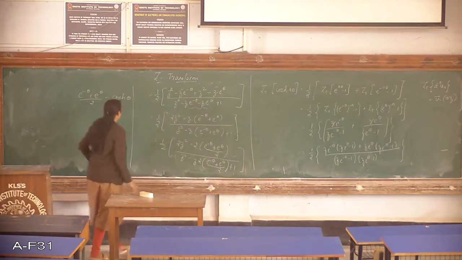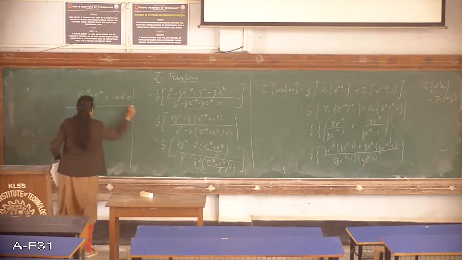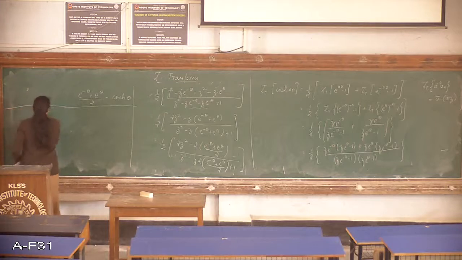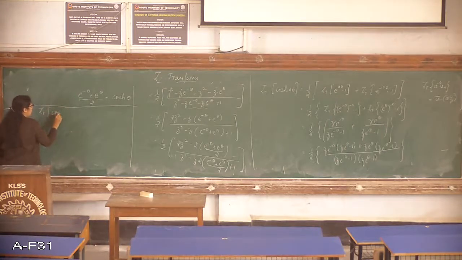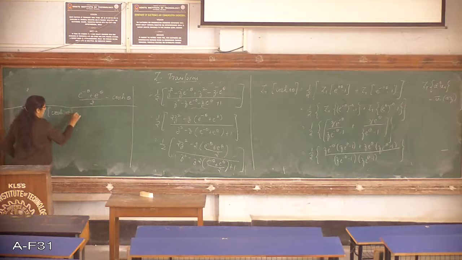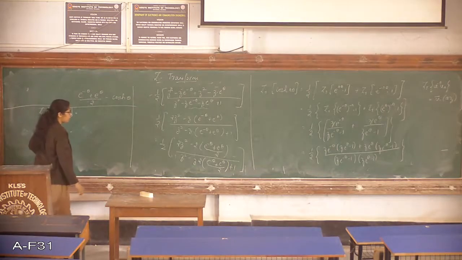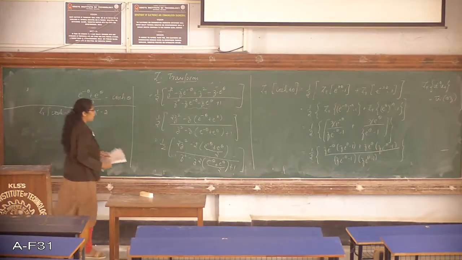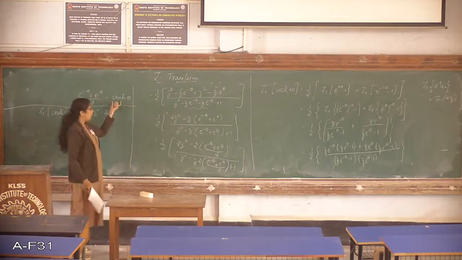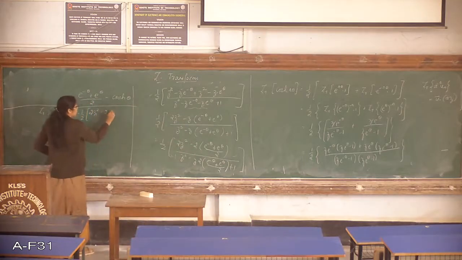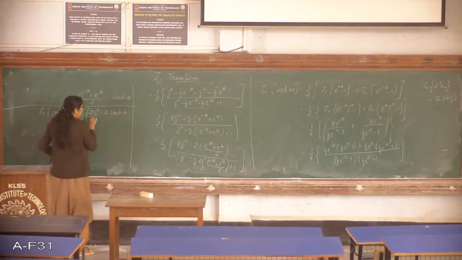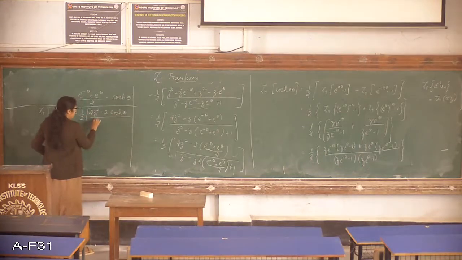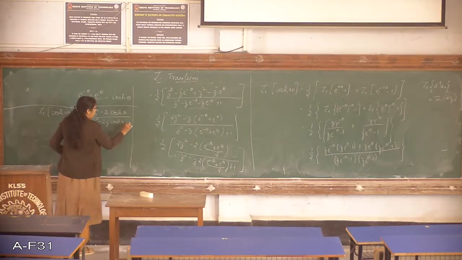Now making use of this particular result, I'll be getting the z transform of the hyperbolic function cos hyperbolic n theta to be equal to half times 2z square minus 2, by making use of this definition of the hyperbolic function, cos hyperbolic theta, divided by z square minus 2z cos hyperbolic theta plus 1.